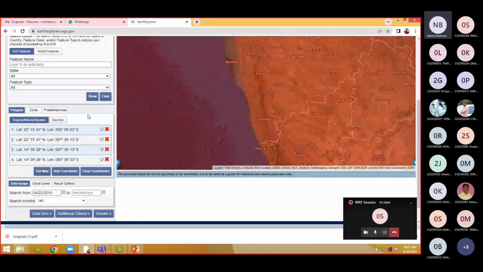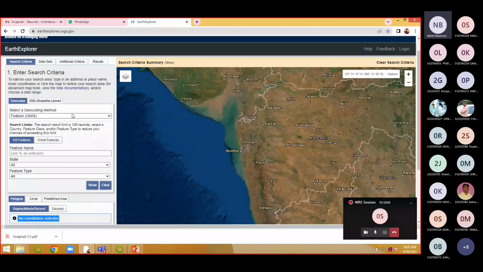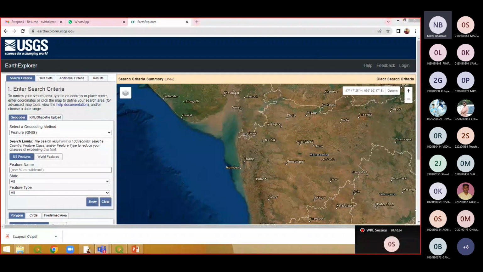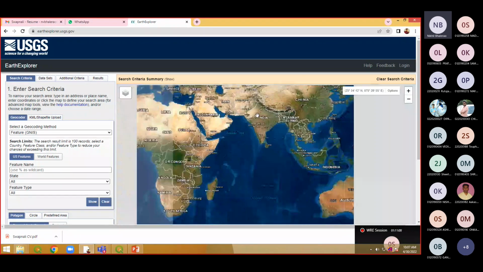Just give me a moment. Okay, so this is the window that you can see. This is the dashboard of this USGS website. Various data sets, these remotely sensed data sets, you can get from this particular website.